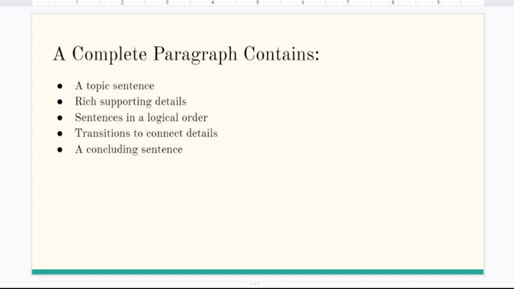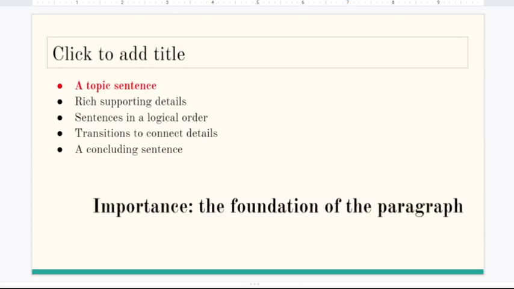It contains rich supporting details, sentences in a logical order, transitions to connect details, and a concluding sentence. So that's a zoomed out picture of what a complete paragraph contains. And in this video, we are only going to be focusing on the topic sentence.